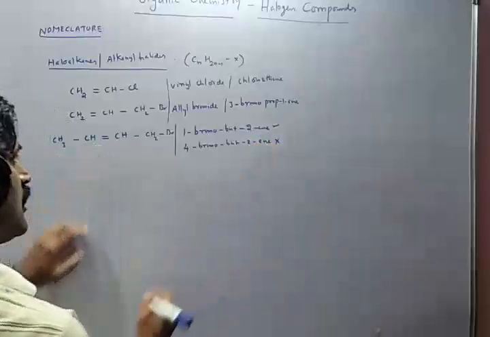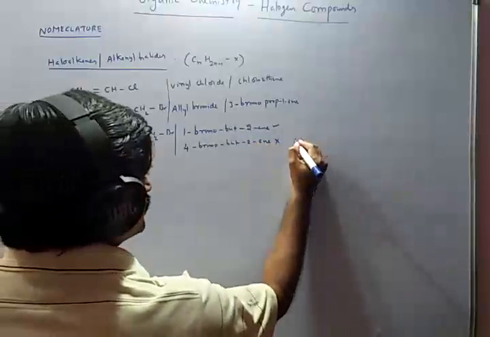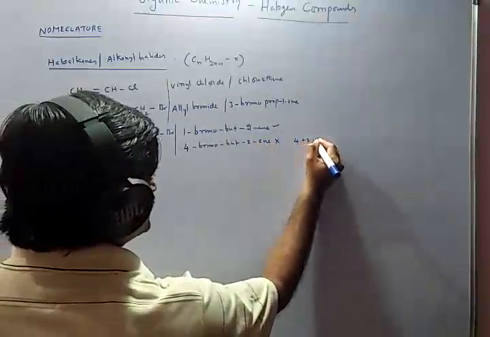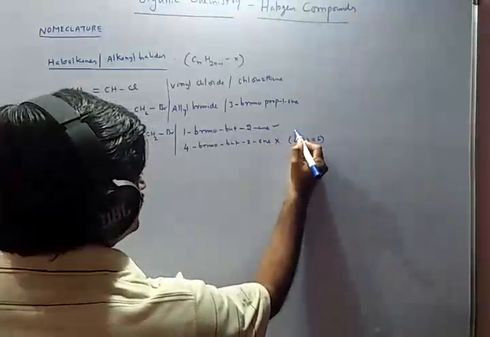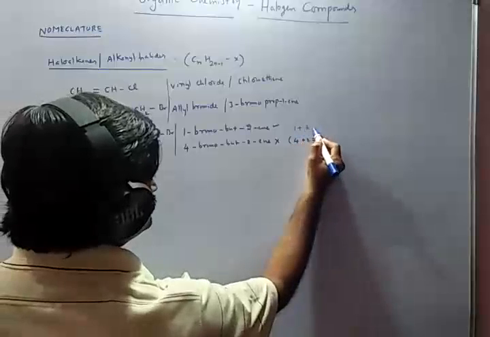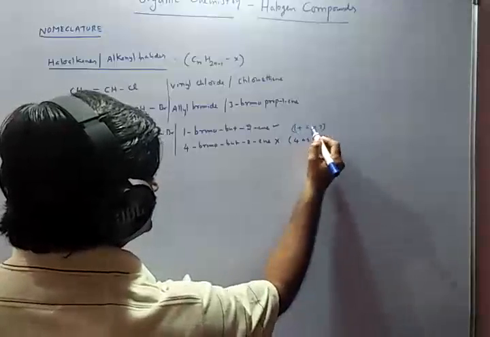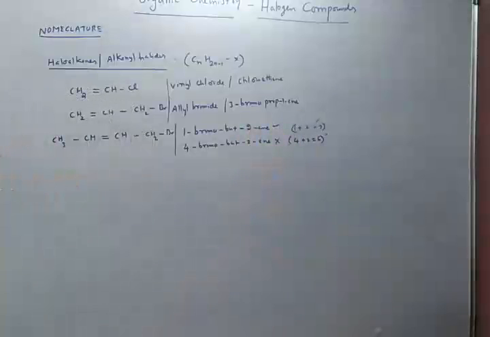So why is it wrong? As you all know, 4 plus 2 is 6, but here 1 plus 2 is 3. This is the reason we are writing the name of the compound as 1-bromobut-2-ene.